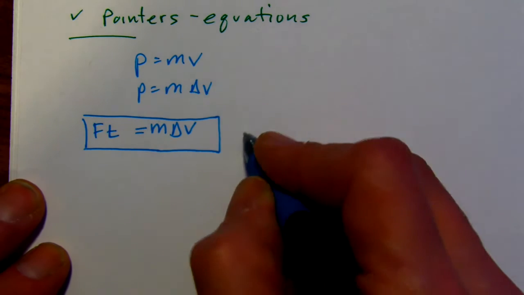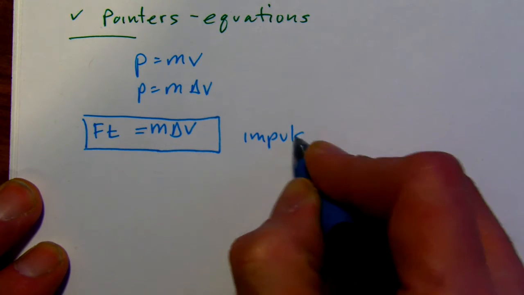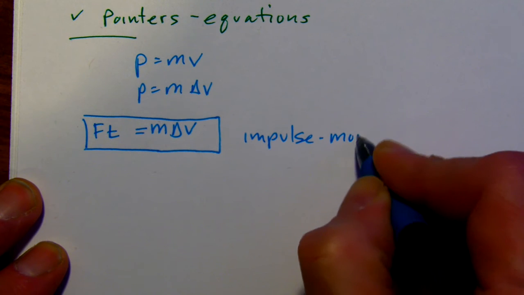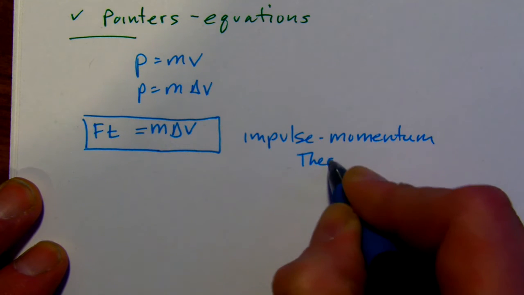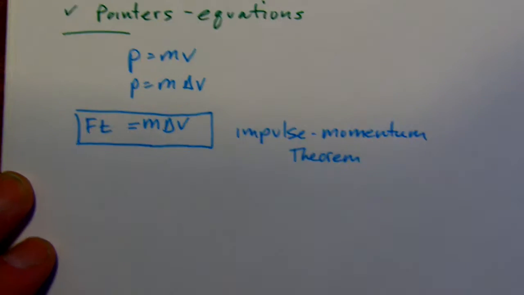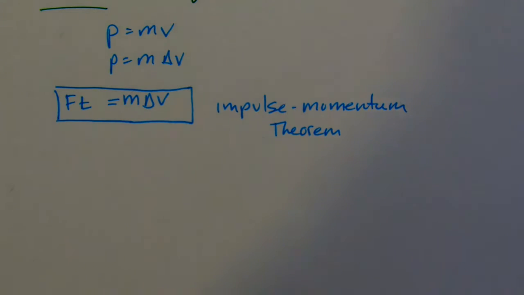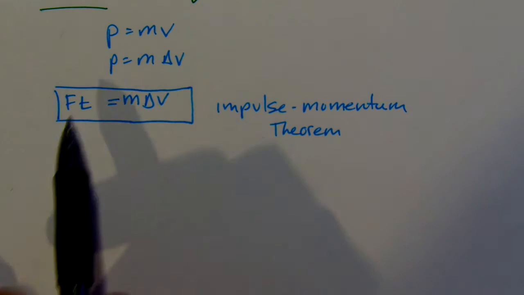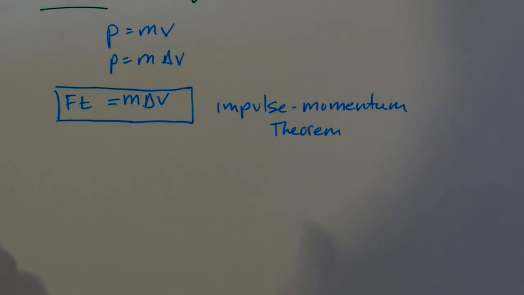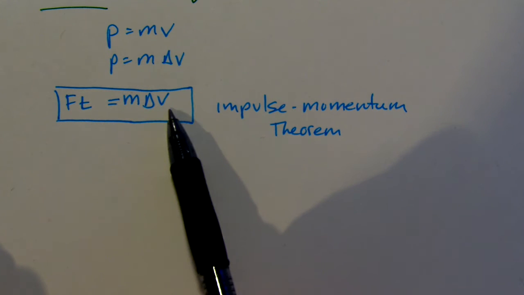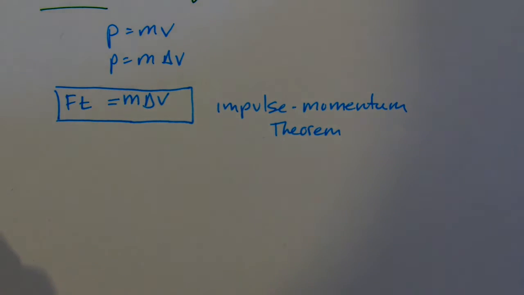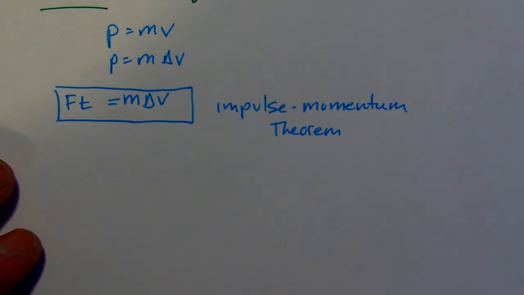Impulse momentum theorem. The idea is that it tells us that time now is a factor in a force, and so the amount of time it takes a force to act also can affect its change in velocity and so on. So it's all interrelated here.